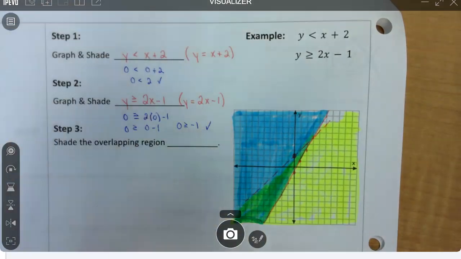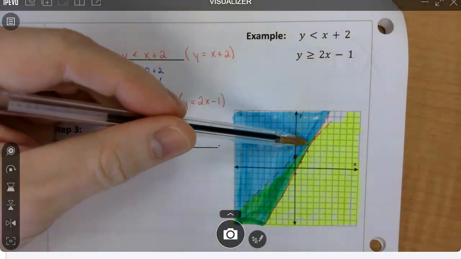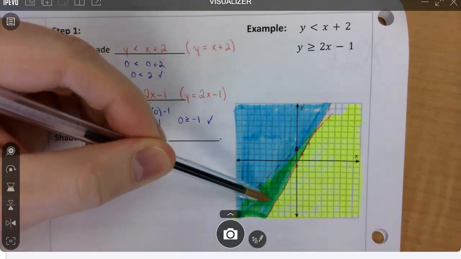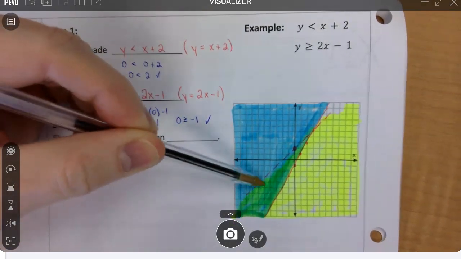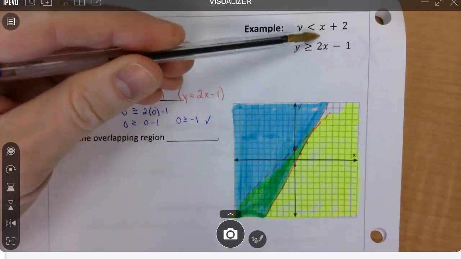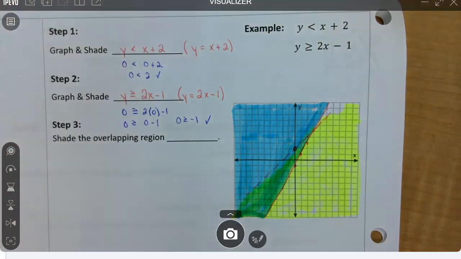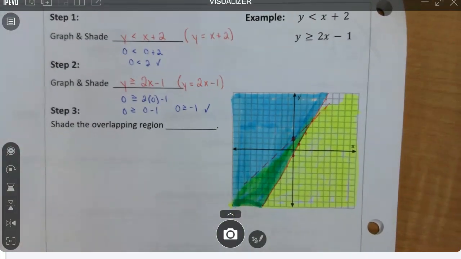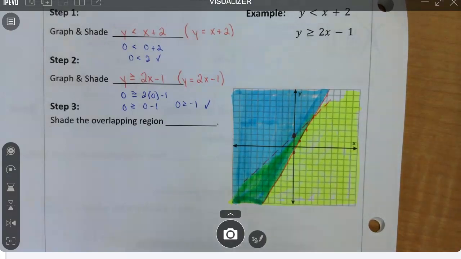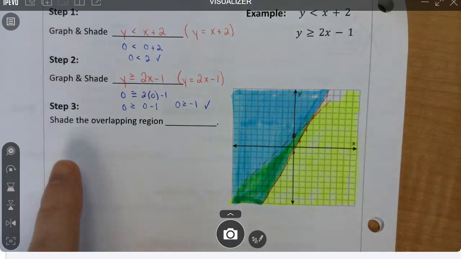And so you're going to get this triangular section, this section right here. Anything in this green area, any point you were to select in that green area, is true for this inequality, and it's also true for this inequality. And so in this one, because I'm using yellow and blue, it automatically makes green.